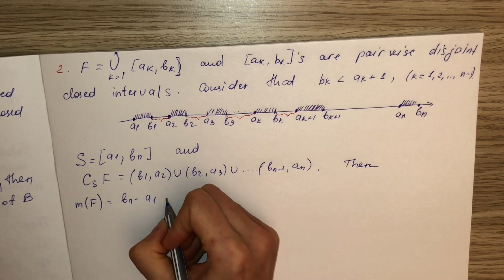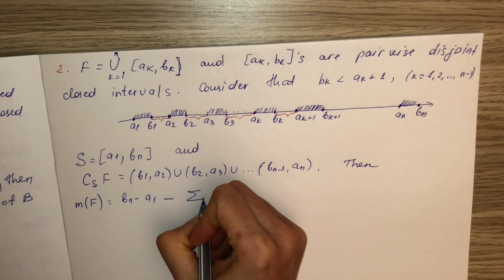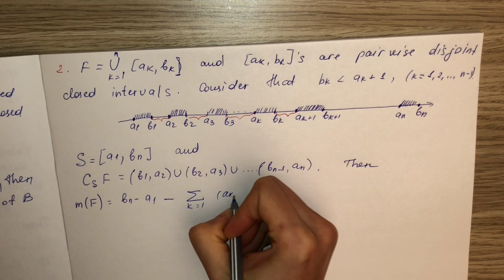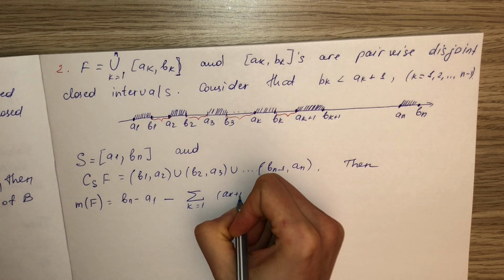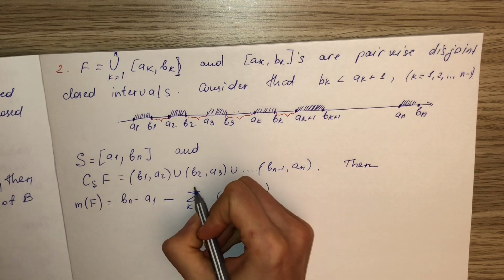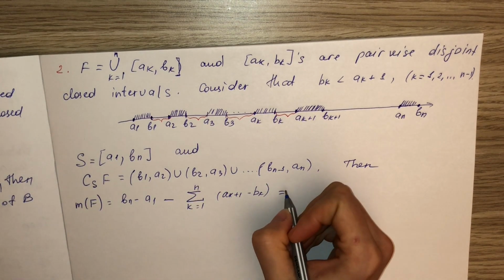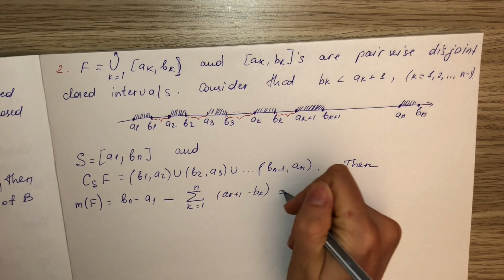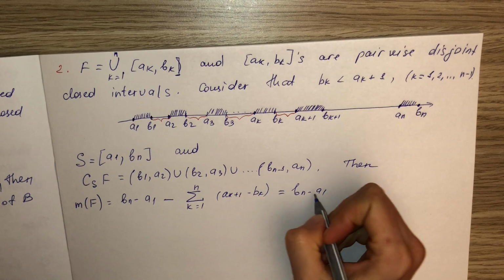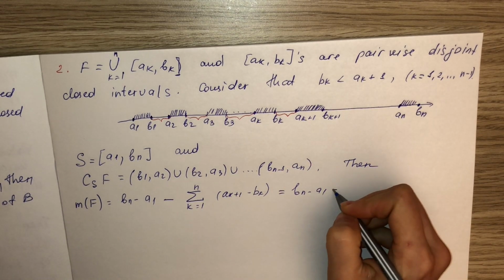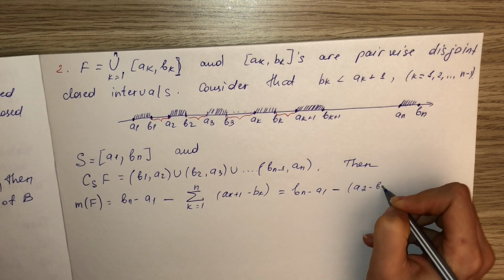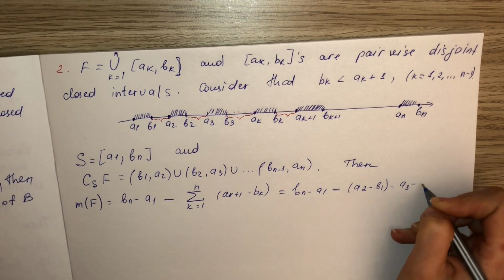And minus the sum of ak plus 1 minus bk. What do we get? It is equal to bn minus a1, yes, and minus (a2 minus b1), (a3 minus b2).